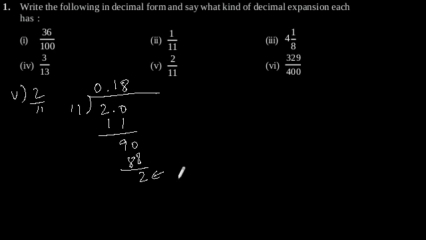So here we can see that the digit is repeating again. So we can say that the decimal expansion of 2 by 11 is 0.18 bar, and since the decimal expansion is repeating again and again, it's a non-terminating decimal expansion.